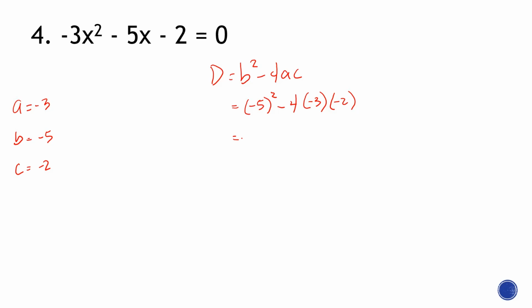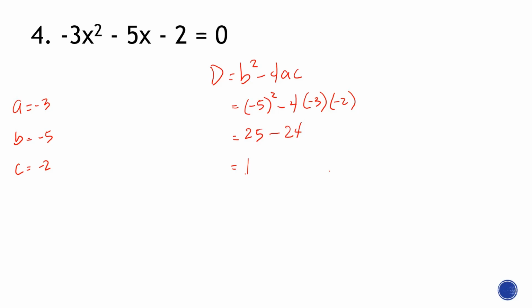What is B squared? That's 25. Count the number of minus signs. I said earlier, if you see 1 or 3, you put minus. Here, you can see 3 of them, so that's minus. And multiply the numbers. 4 times 3 times 2. What is that? 4 times 3 is 12, times 2 is 24. 25 minus 24 is equal to 1.